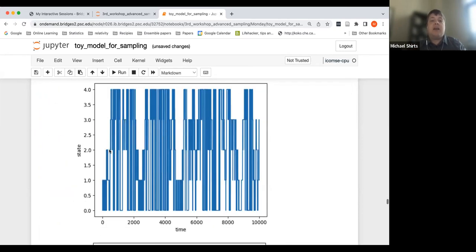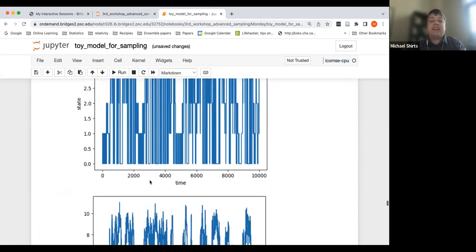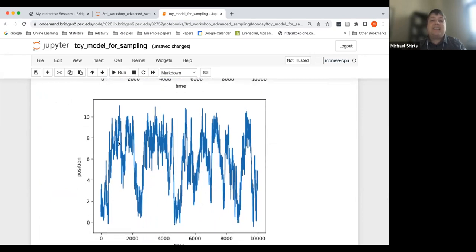What does it look like? It's moving up and down in state, and it's moving up and down in position. These other potentials are dragging it along. So that's how we've broken kinetics, but we're still preserving the right thermodynamics at each of those potentials.